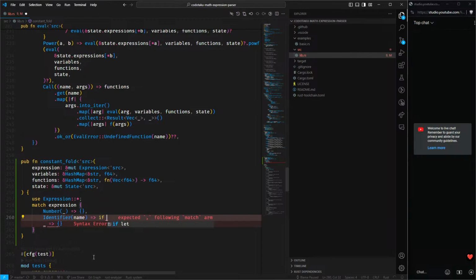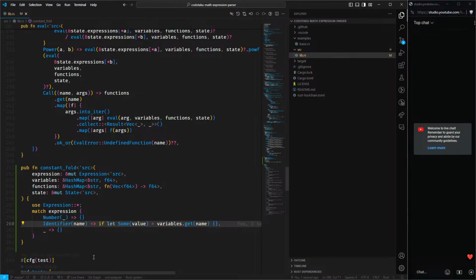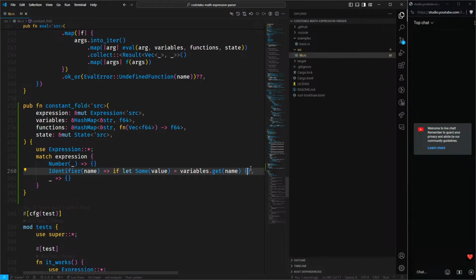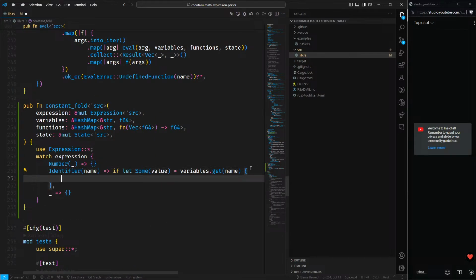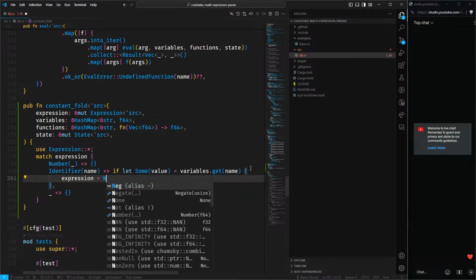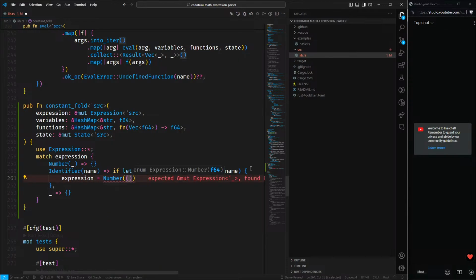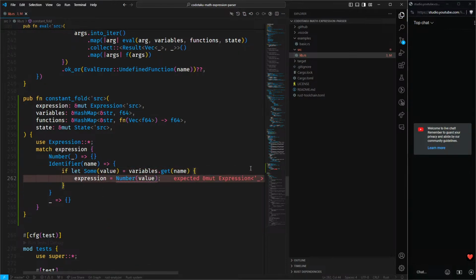So if let Some value is equal to variables.get name, we're going to say expression is equal to Number, and we're gonna give it the value, basically.